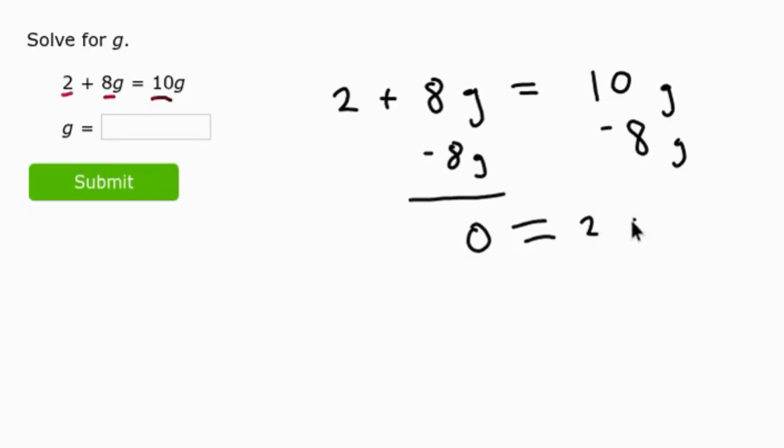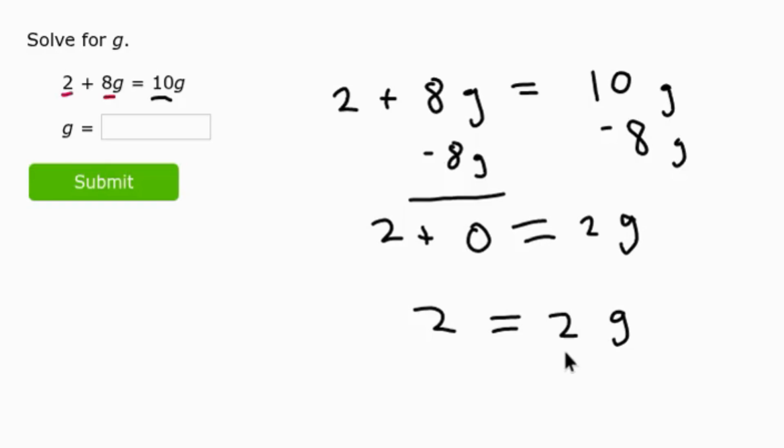Now we can't forget about the constant 2, so we have to get that also. So we're going to add that 2. And now we have 2 plus 0 equals 2g. What we're going to do is divide by 2 on each side, because we have to get rid of the 2 on the 2g. We need the g to be separate and alone, so that we will know what g equals.